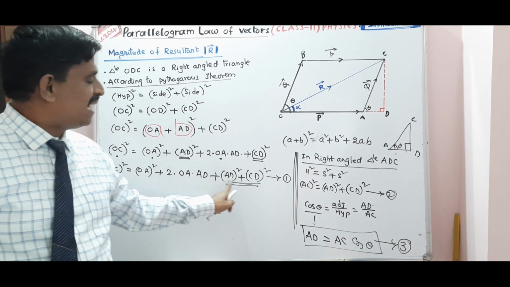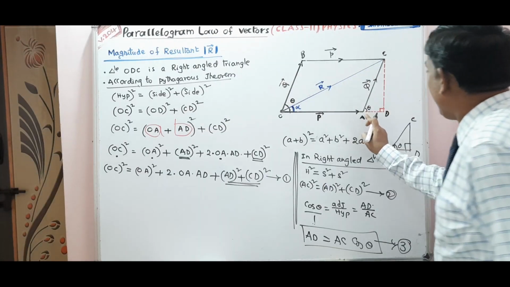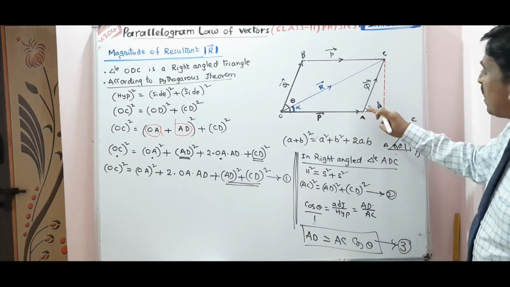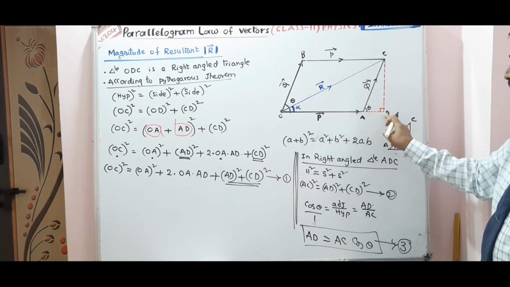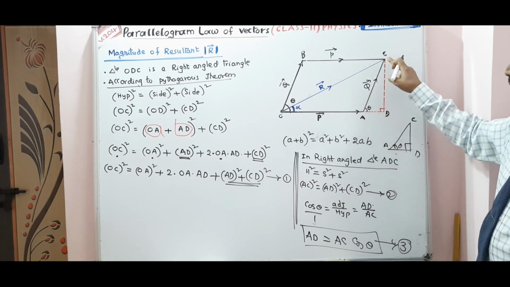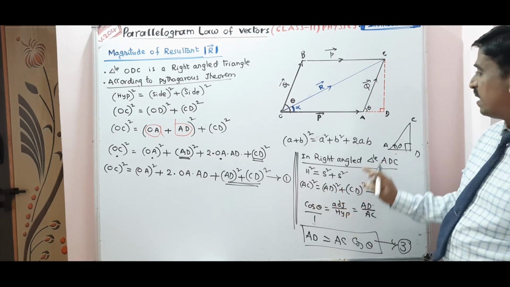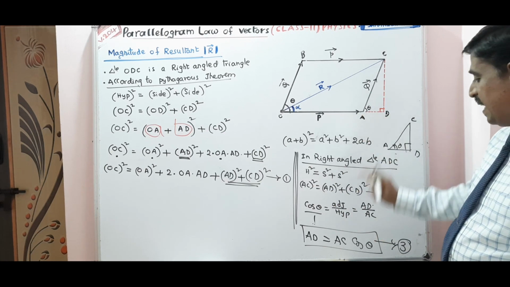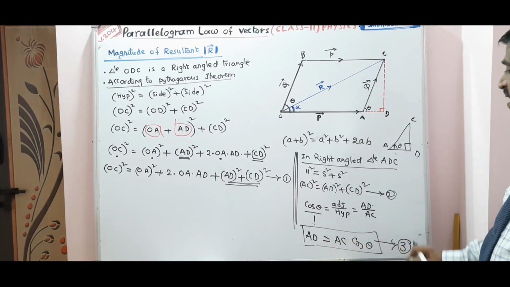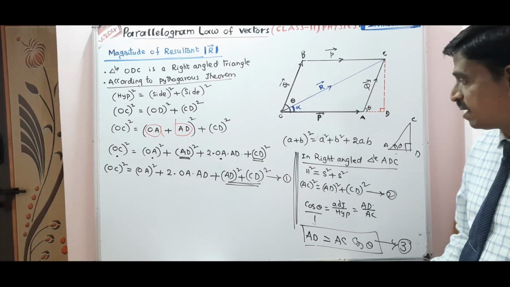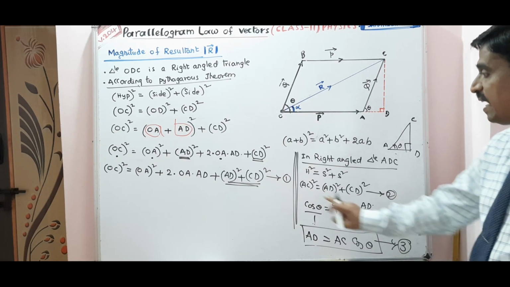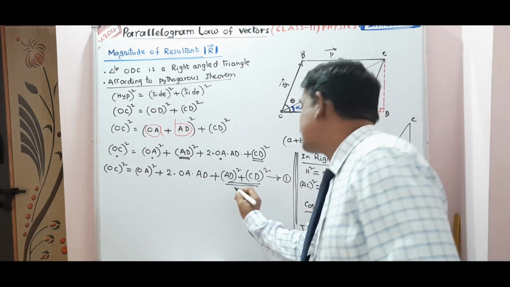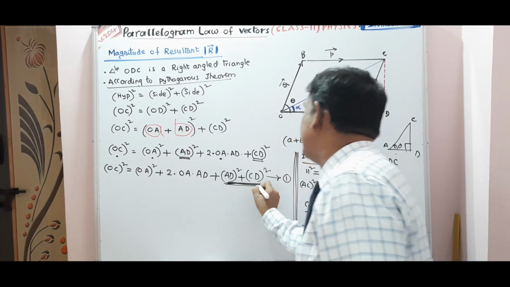Here, AD square plus CD square is nothing but AC square. Next, AD means AC cos theta. Substitute equation 2 and equation 3 in this equation, the reason is we need AD square and CD square.